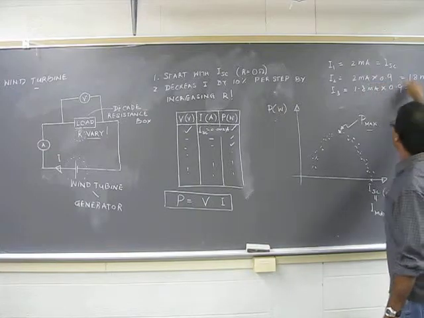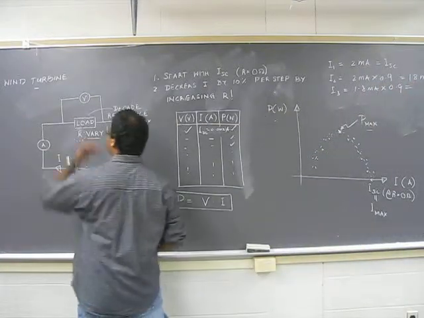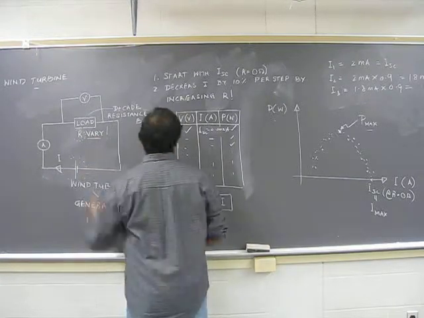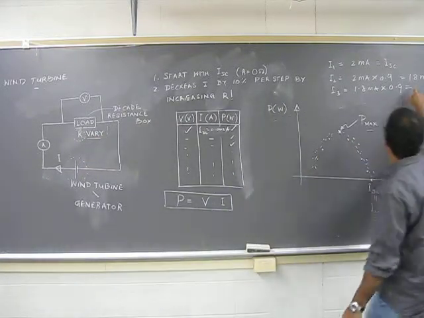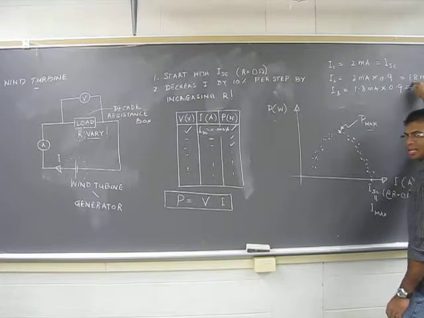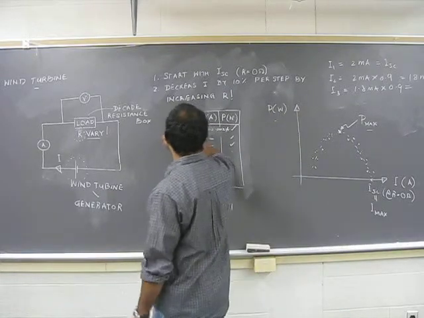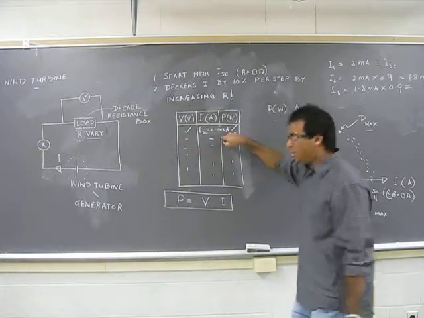To get 1.8 milliamperes, I need to increase the resistance here. As I increase the resistance, I will see my current drop, and when it comes close to 1.8 milliamperes, I will take the reading for the voltage, and then I can calculate the power.